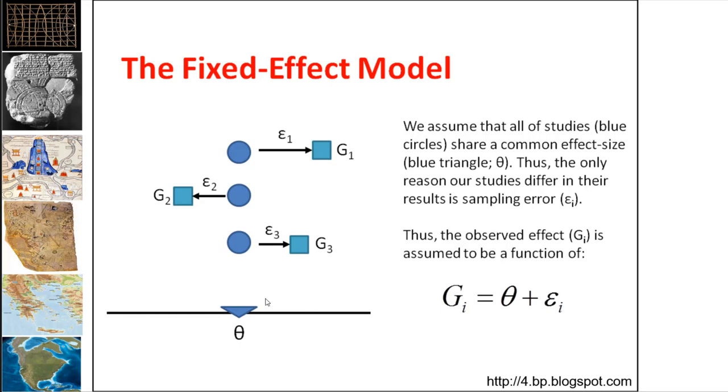So in other words, we assume that there's this one set of parameters that's driving the nature of the system. And from that, we can predict what we think the value of our samples are going to be, or the observed effect. But there's going to be some difference between that and the real values that we collect in the field. And that's going to be the error or the residuals.